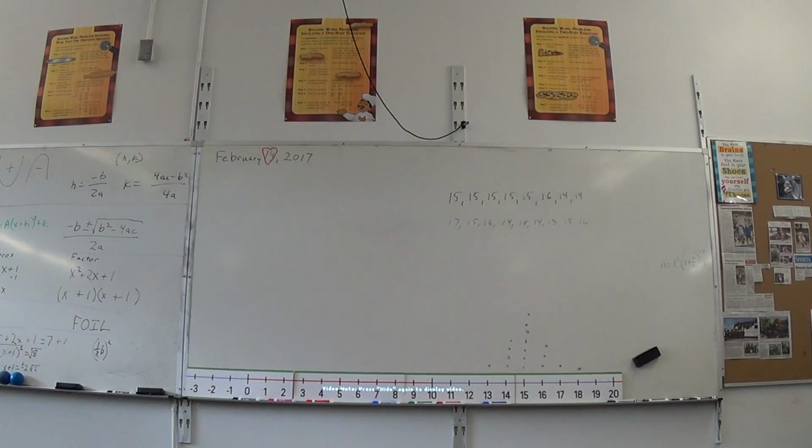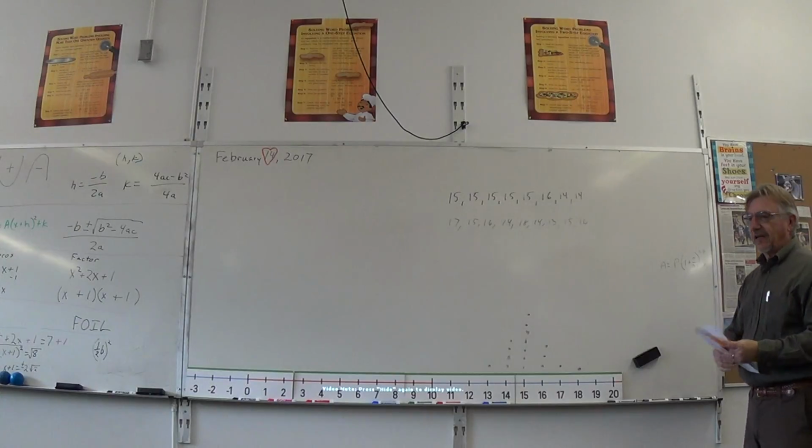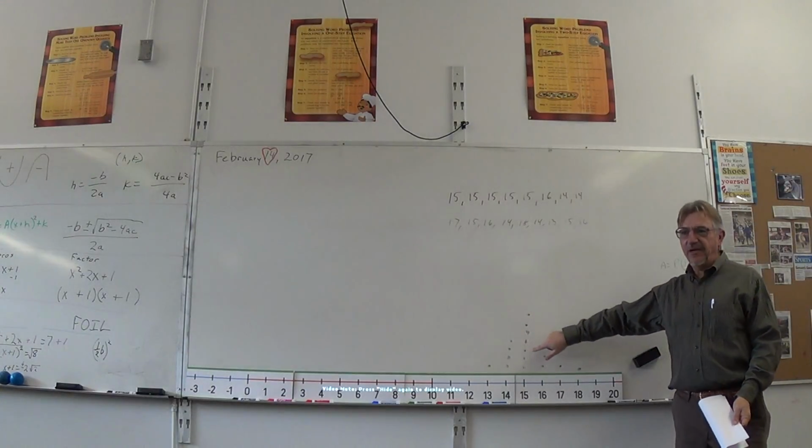Zoe, what's the median age of this group? To find the median, you have to count up how many we have, and we have 17.